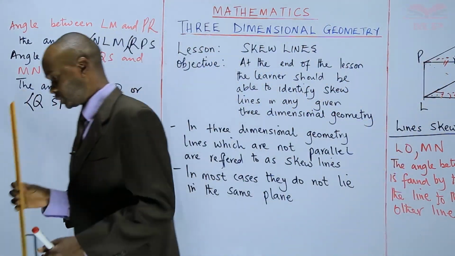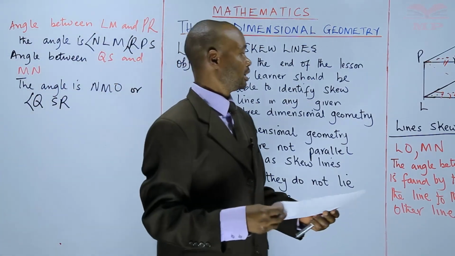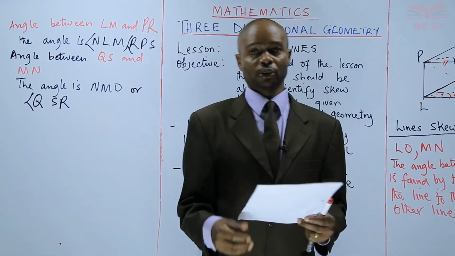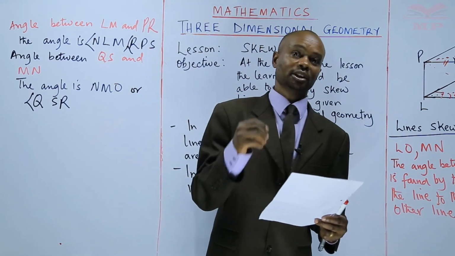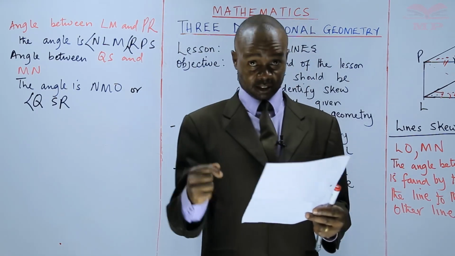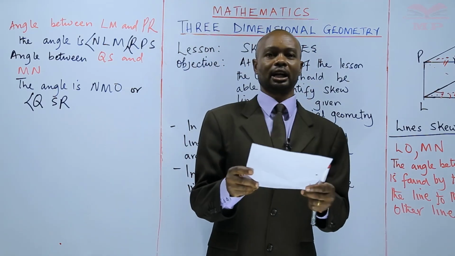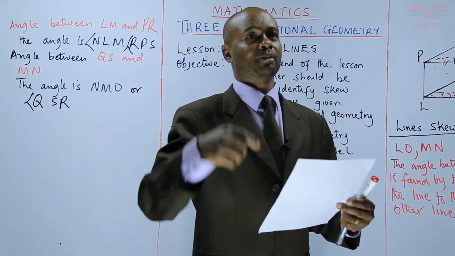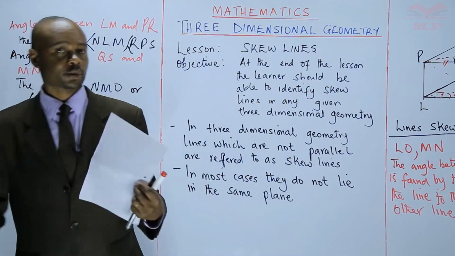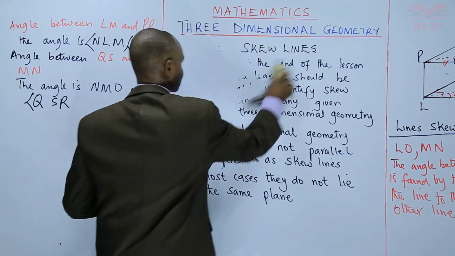At this point I hope the learner knows how to get angles between two skew lines. And we've seen that in all cases, the lines are not parallel. How do you get the angle between the lines? We translate one of the lines to the plane belonging to the other line, and you'll be able to get your angle between the skew lines.